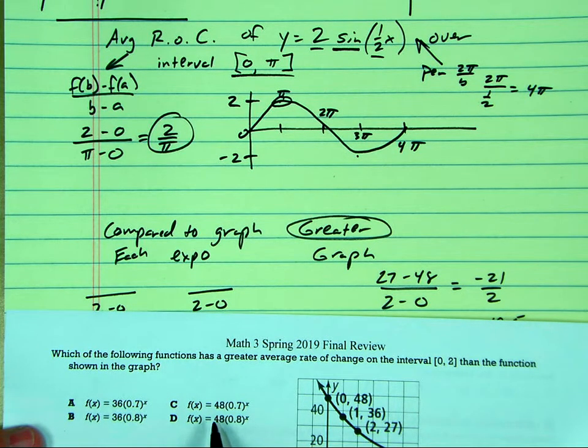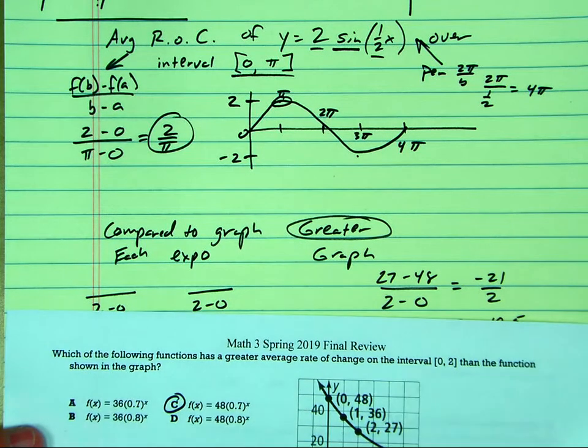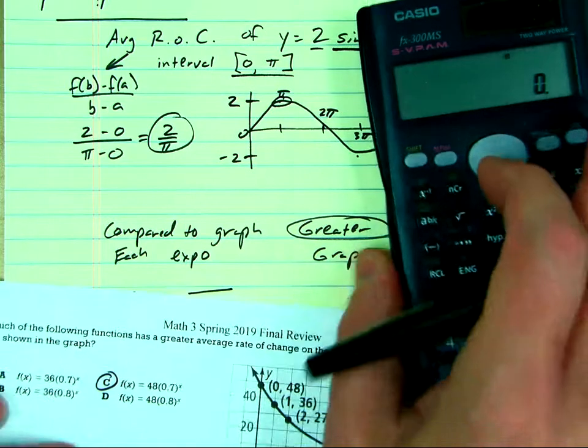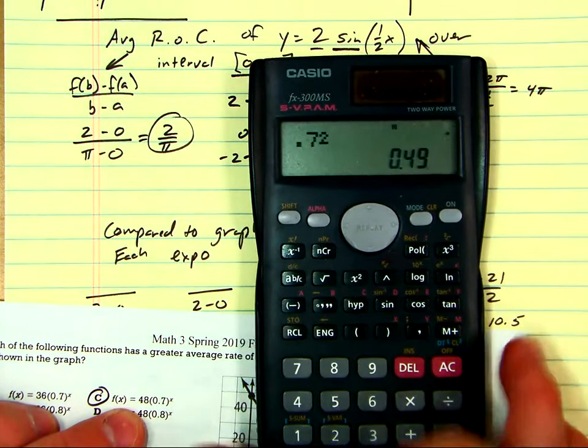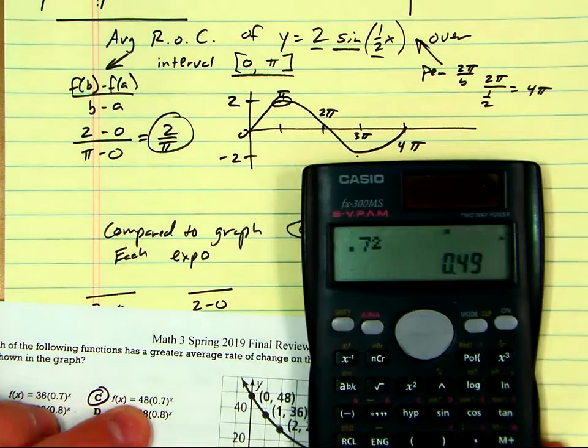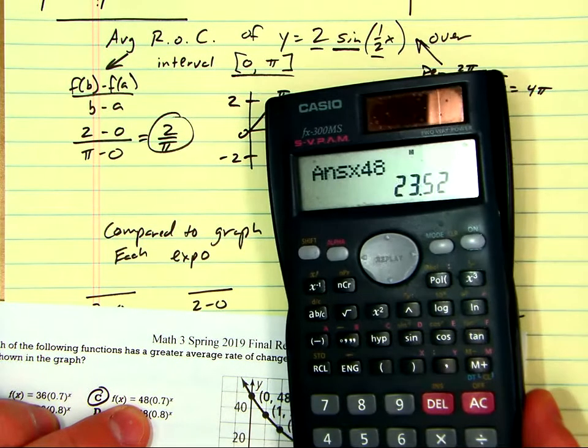For the sake of saving time, I'm going to just show you the C graph because I remember this one is the answer. Let's see. So 0.7 squared, order of operations, 0.7 squared, that's 0.49. Multiply that times 48. 23.52.